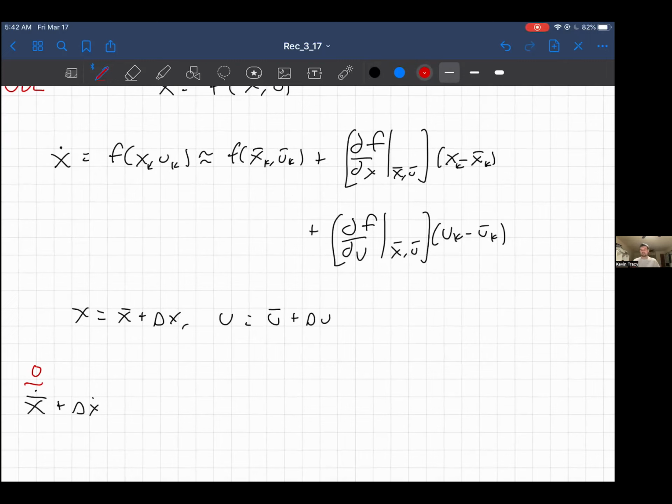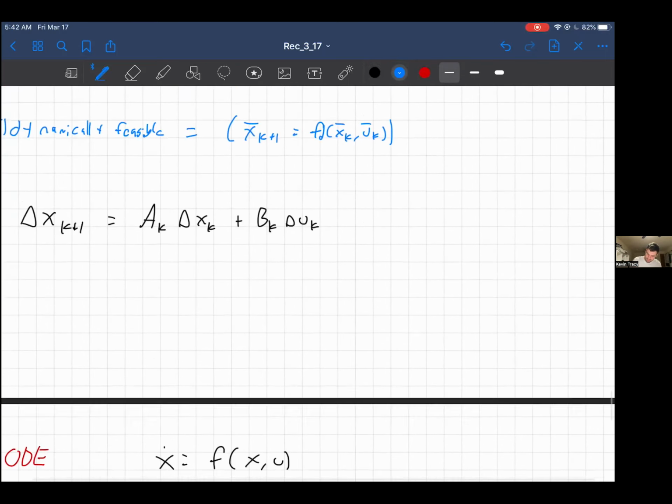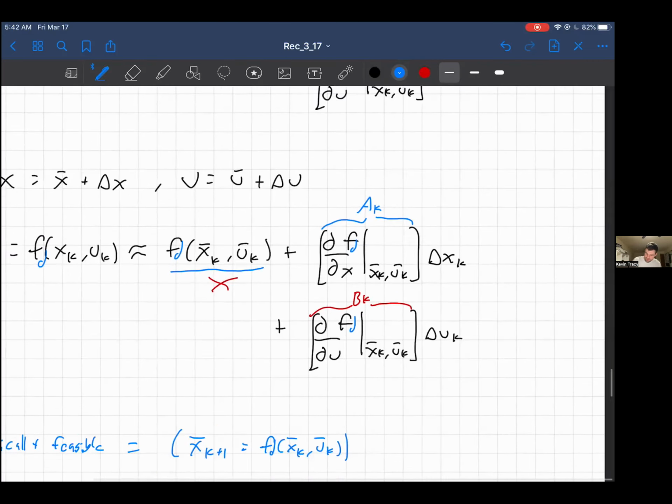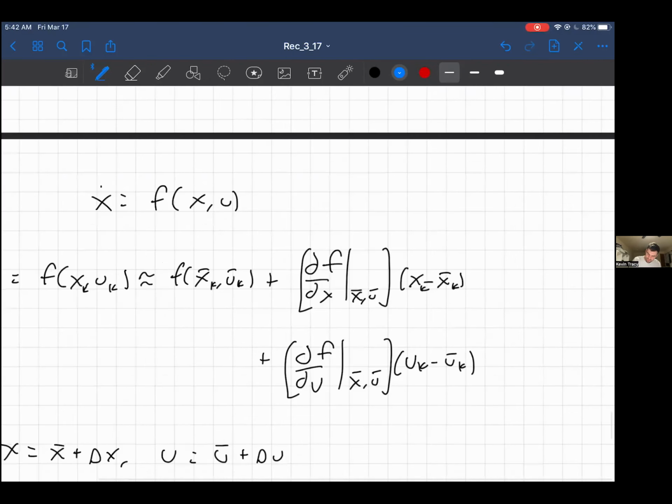That doesn't mean that this linearization point is a fixed point. It just means that I'm not changing my definition of what x bar is. X bar is just some value. This equals, and I'll call this, just to not abuse notation, A bar and B bar.